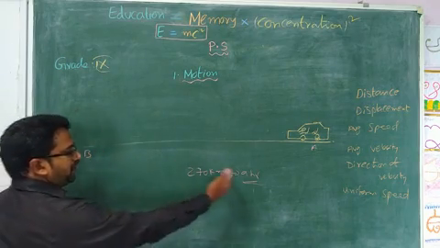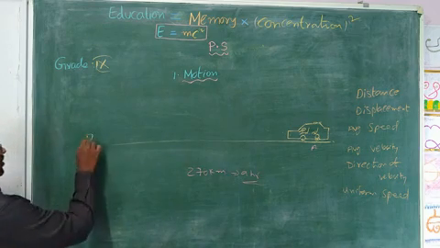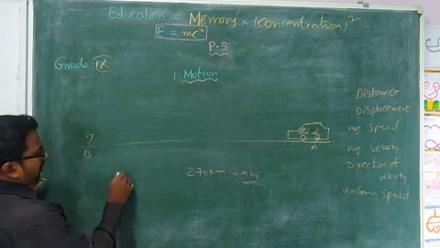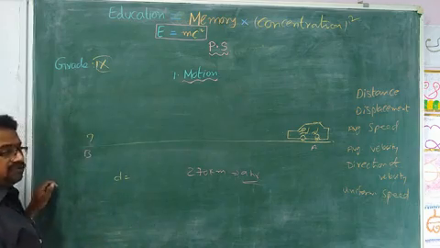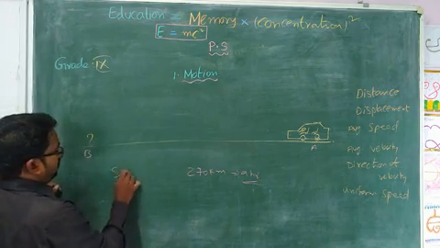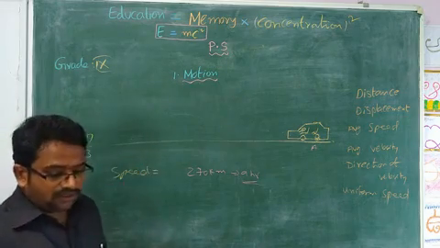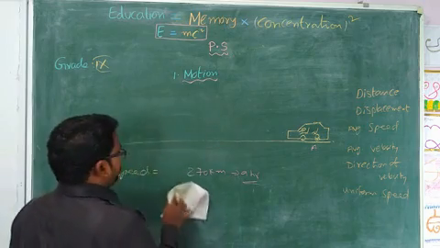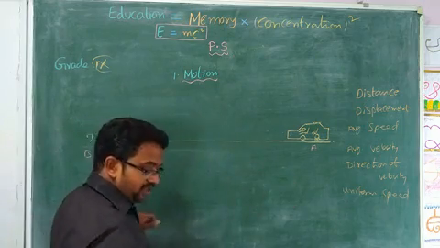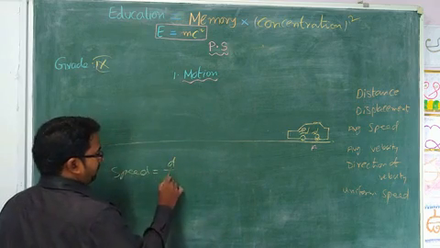So after 9 hours, what is the placement of the car here? Sorry, what is the speed of the particular vehicle, the car? What is the formula of speed? It is distance by time.